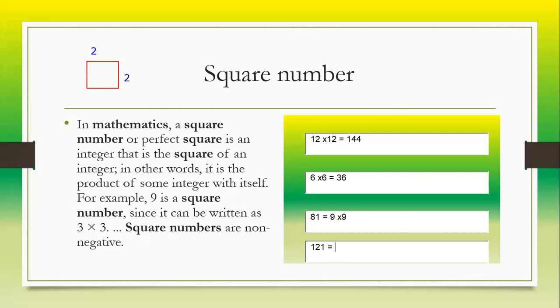It's 11, right? 11 times 11. For him to do that, he has to divide, right? If we give you 121, you have to divide that number by various numbers until you get the same number.